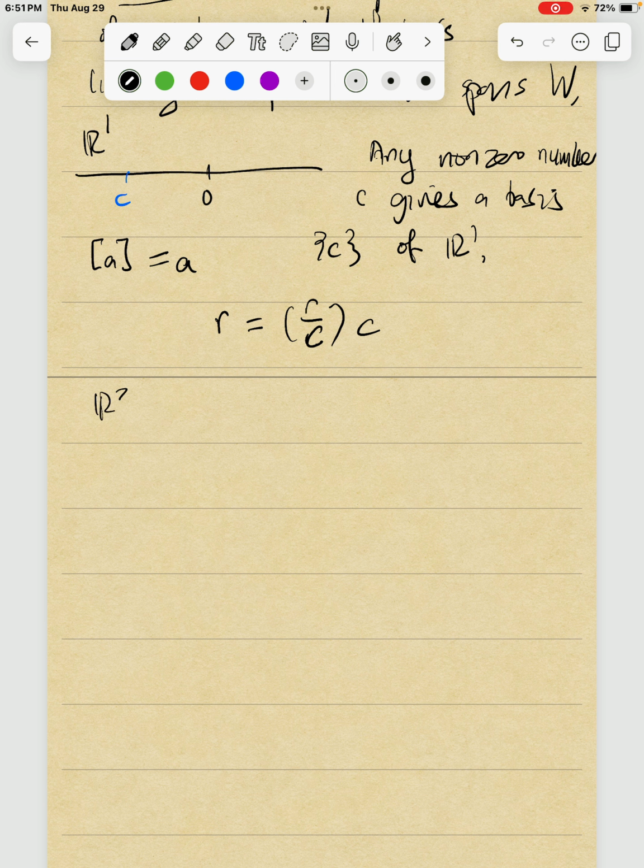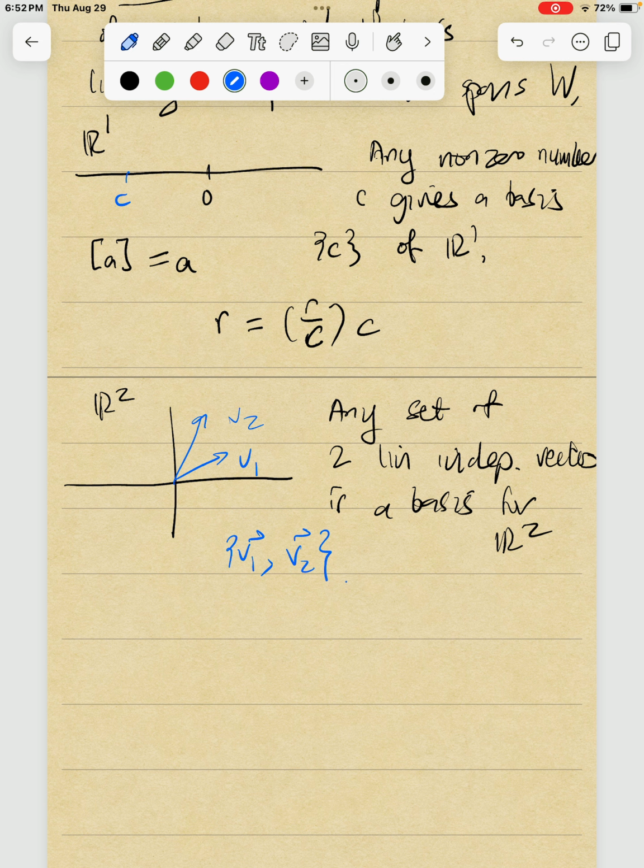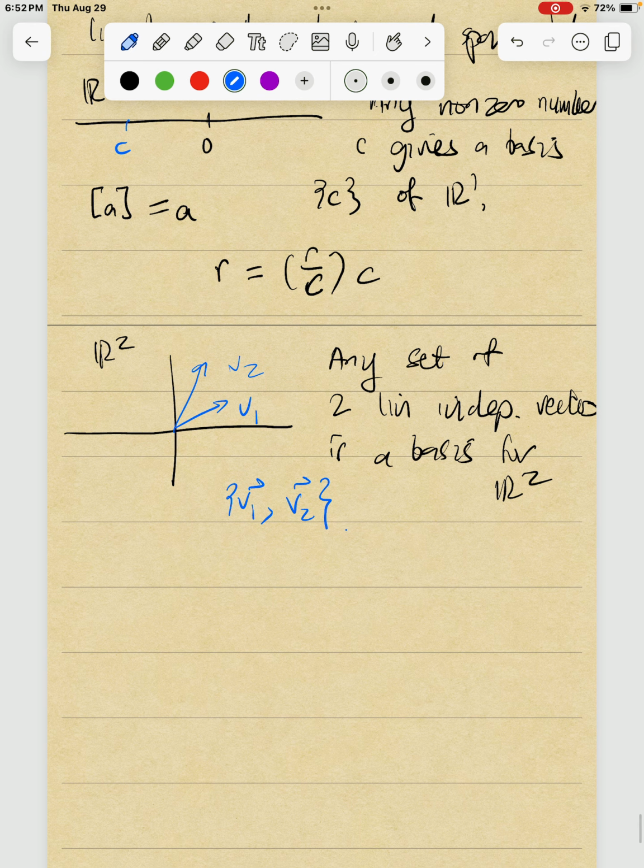Okay, and in R2, you have any collection of two linearly independent vectors. So in R2, it just means non-parallel. Any set of two linearly independent vectors is a basis for R2. So for instance, the set V1, V2 is linearly independent, and those two vectors span R2.